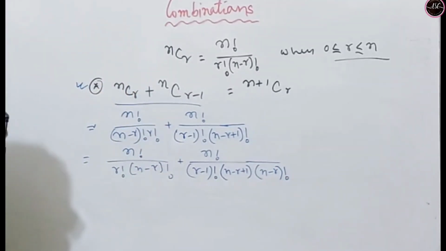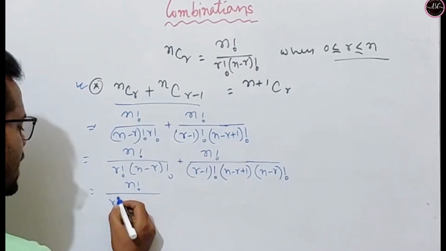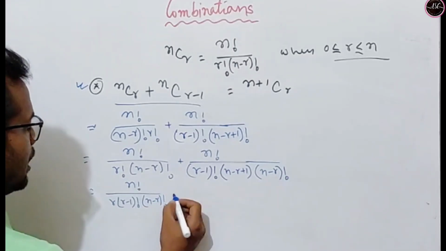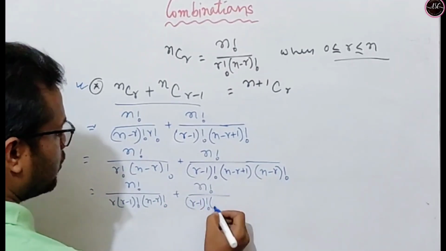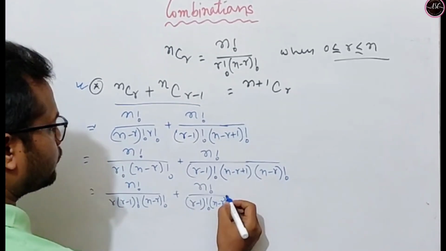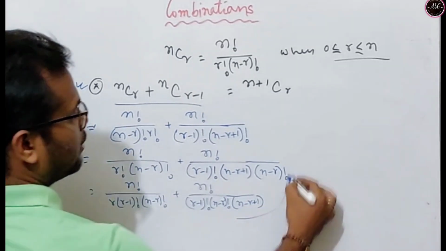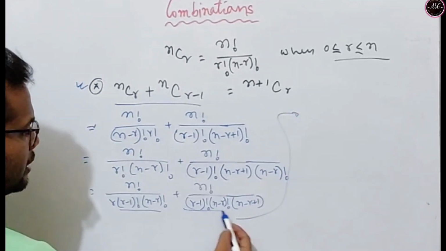So here this can be written as n factorial divided by r into (r minus 1) factorial into (n minus r) factorial plus n factorial divided by (r minus 1) factorial into (n minus r) factorial into (n minus r plus 1). Just look, this is common and this is also common.